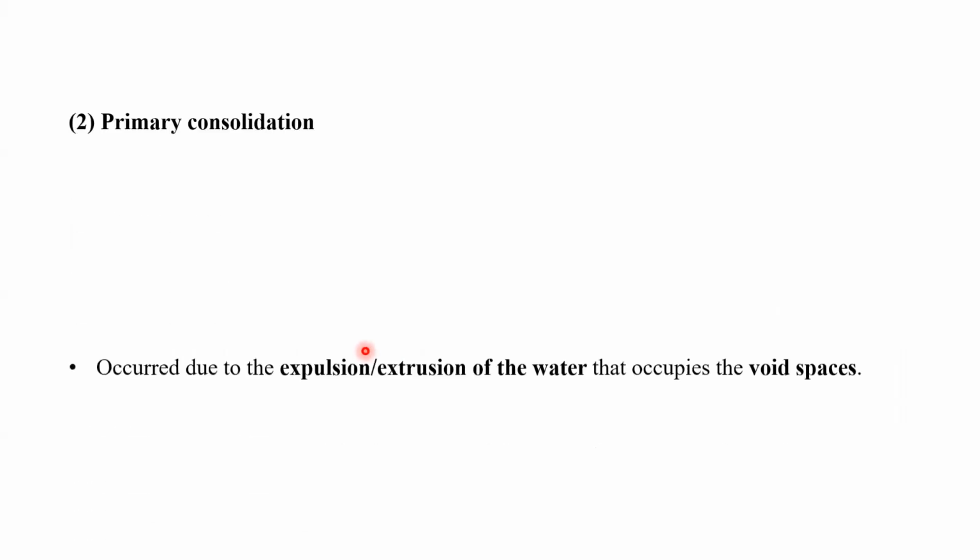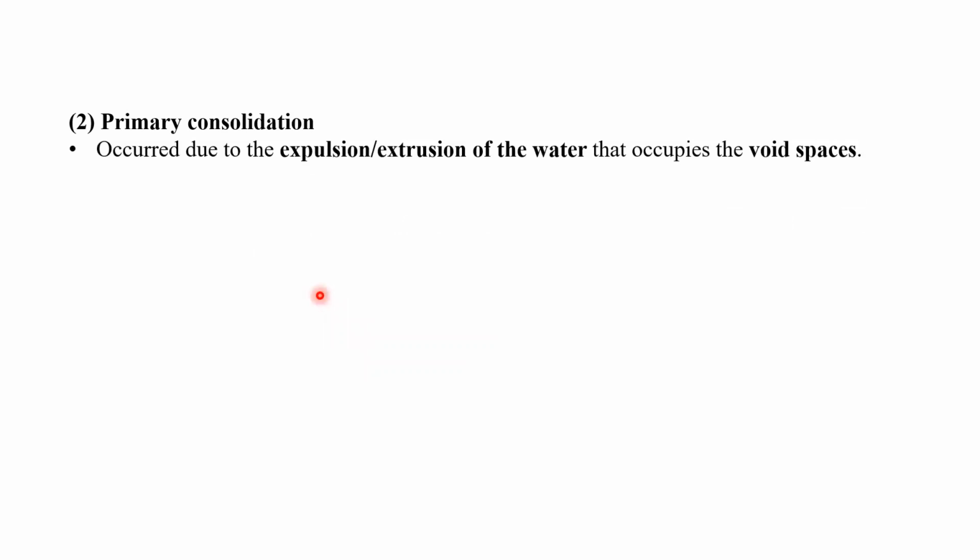So now we can see primary consolidation. In case of primary consolidation, the soil is fully saturated, right? In case of initial consolidation, the soil may be moist also. But here, primary consolidation is also called simply consolidation. So whenever we talk about the consolidation chapter, that means only primary consolidation, right? So this occurs due to the expulsion or extrusion of water that occupies the void space.